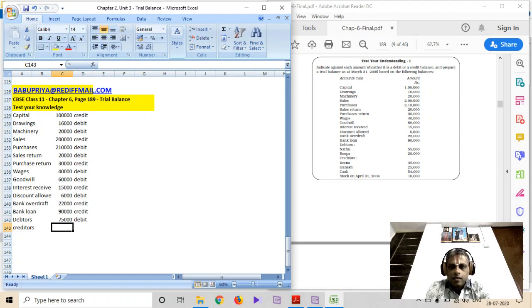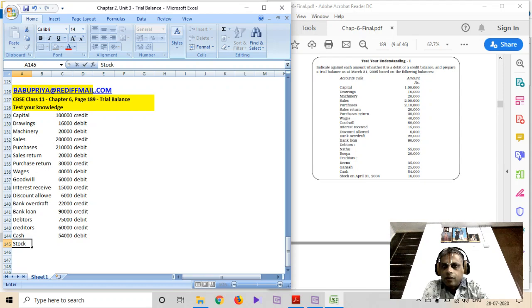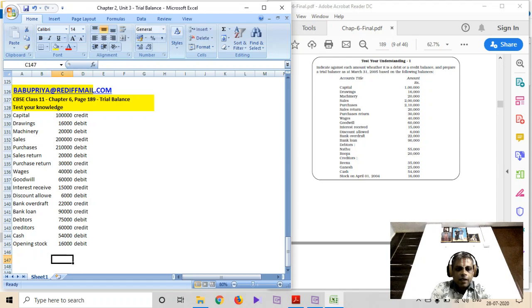Creditors, it is two creditors totaling 60,000, 35,000 plus 25,000, 60,000 credit balance. Then we also have cash, debit balance 54,000. Then we have stock as on 1st April 2004, which is opening stock, 16,000 debit balance.